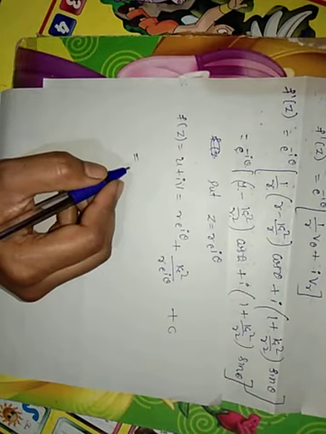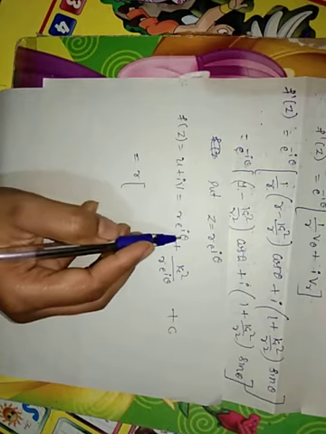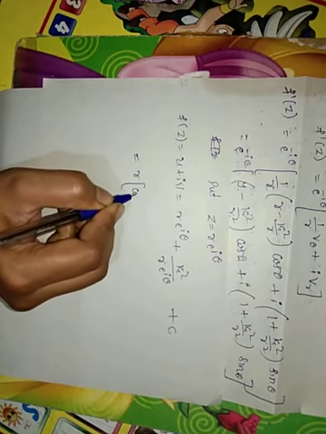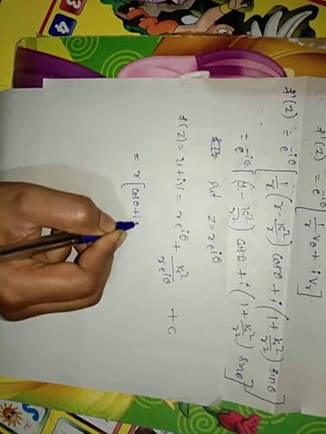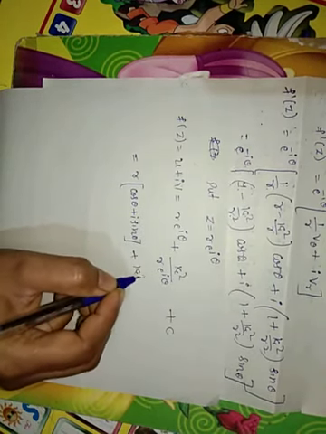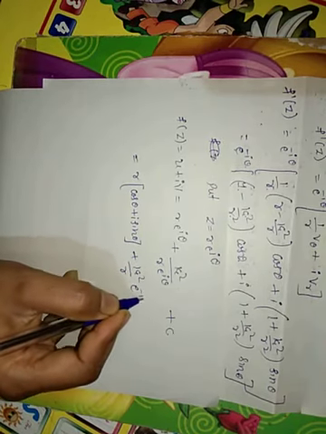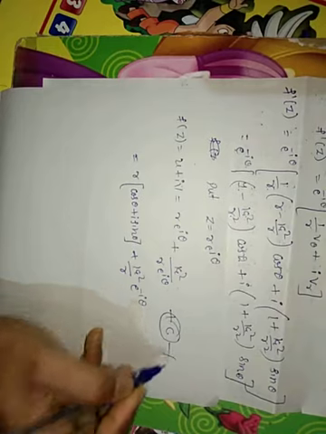So r into e raised to I theta can be written as cos theta plus I sin theta, plus k square divided by r, e raised to minus I theta can be taken to the numerator. Here I am neglecting this constant c.